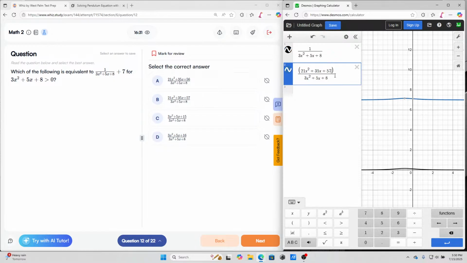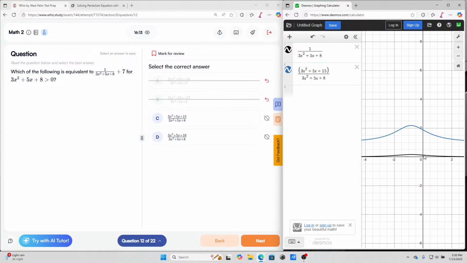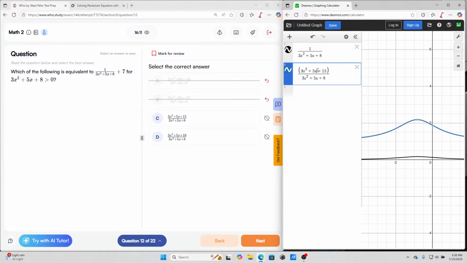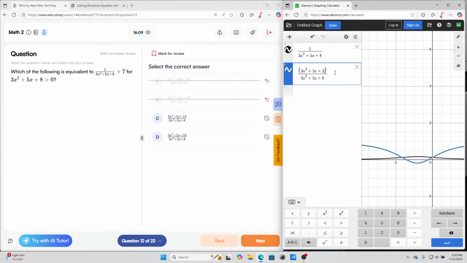If we put 57, then we get a slight peak right there. So it's neither of these. And we got 3x plus 5x plus 15. Okay. And then produce 16.